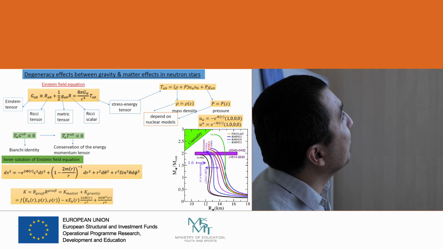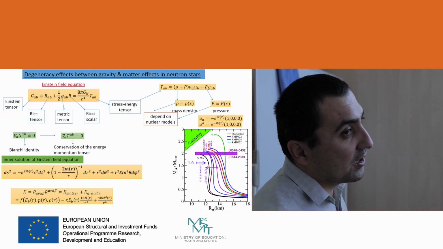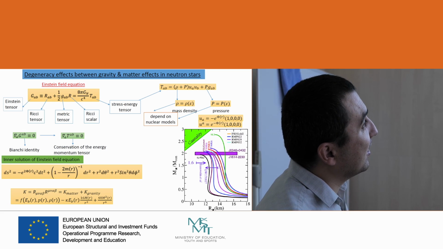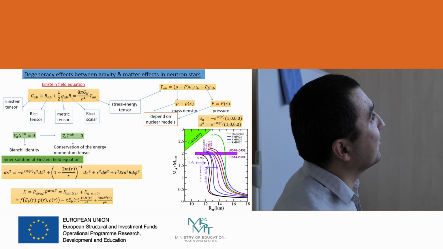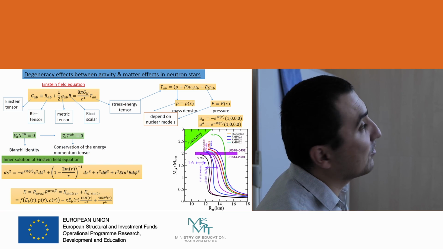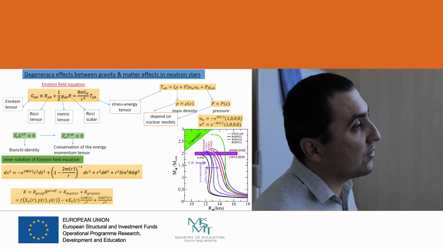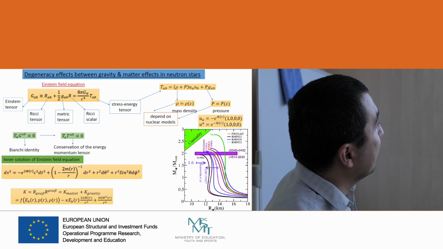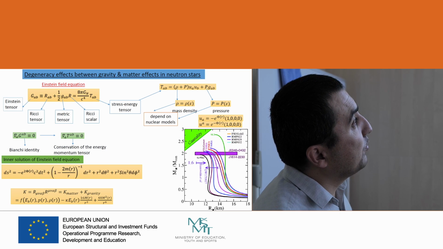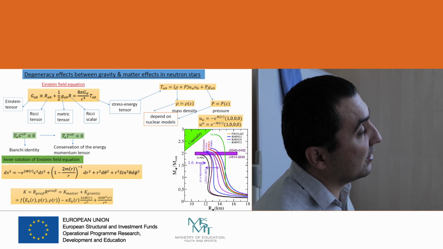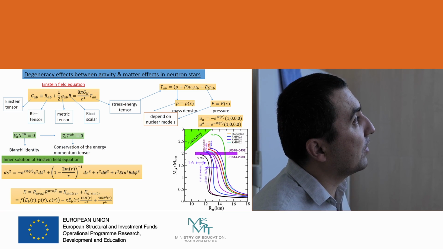For example, here I show the Einstein field equation, which is responsible for the space-time curvature, and on the right-hand side we see the matter of the star. It is reasonable because denser matter influences the space-time, and here rho and P are the mass density and the pressure of the interior of the star. It is purely model dependent.